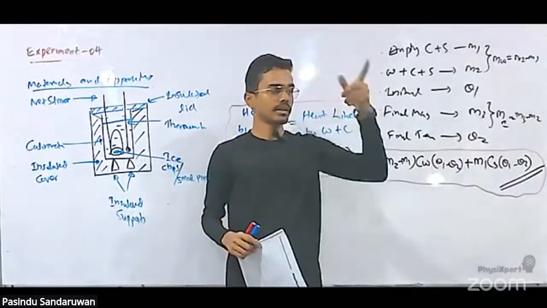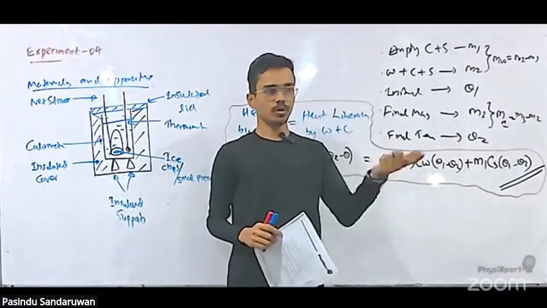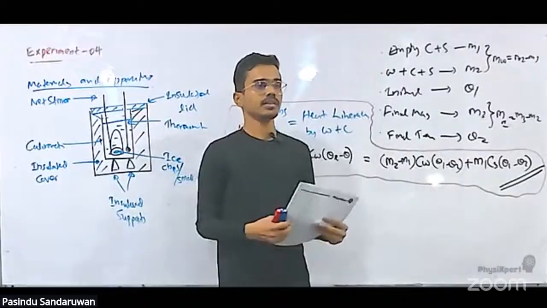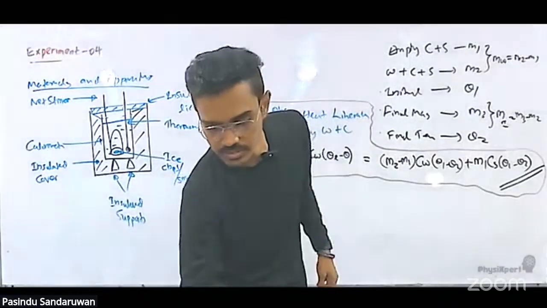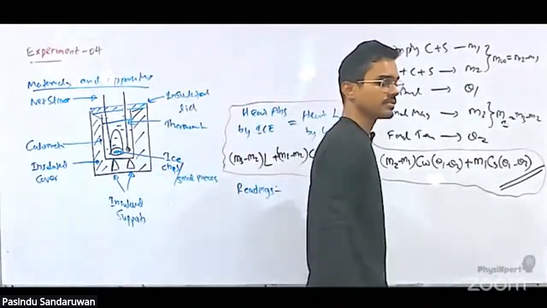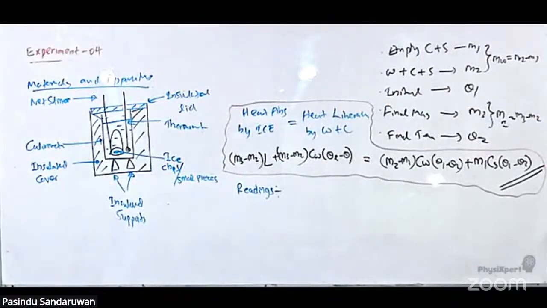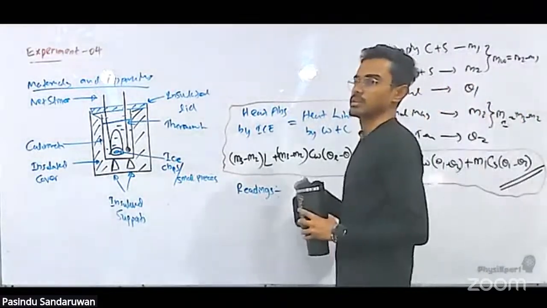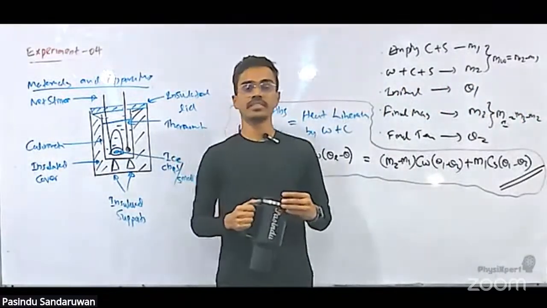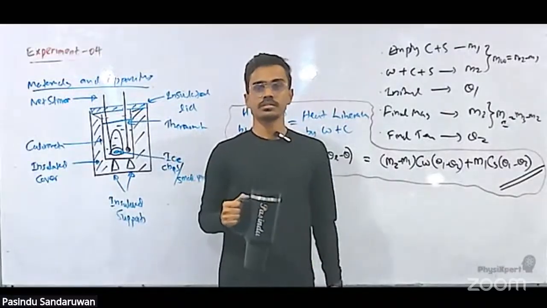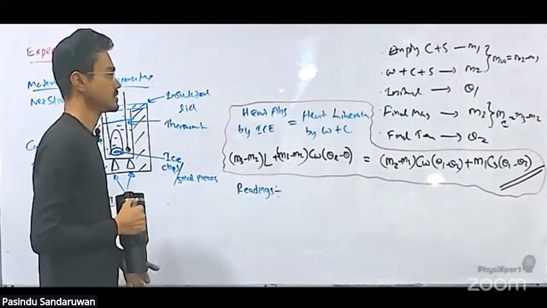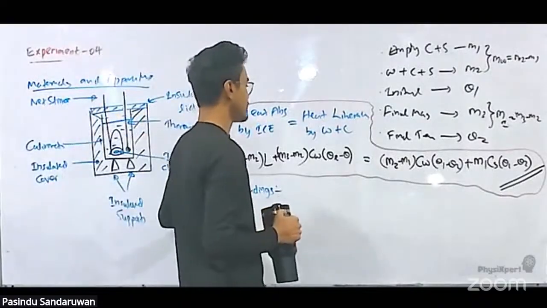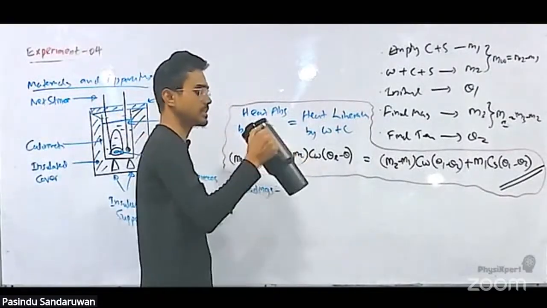Right. Next, specific heat capacity of water CW. Next one, specific heat capacity of calorimeter CS.